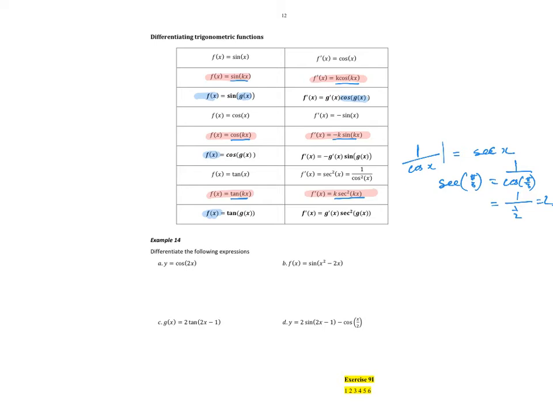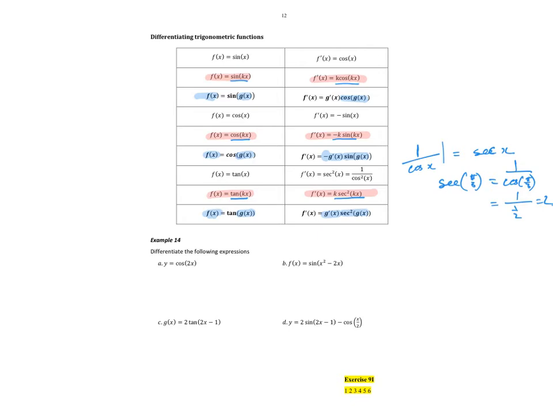If I've got cos of g of x, it's g dash of x out the front, and we swap it into a sine function with a negative. Tan of a function, derivative of the function at the front, and it becomes sec squared of the function. So with all of those, we haven't changed the function at all, have we?